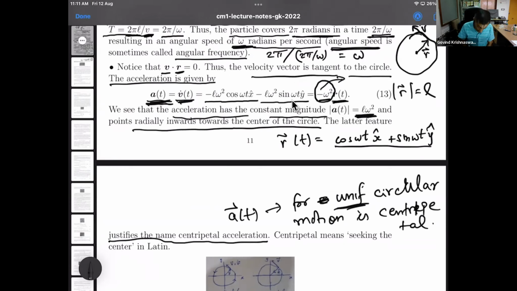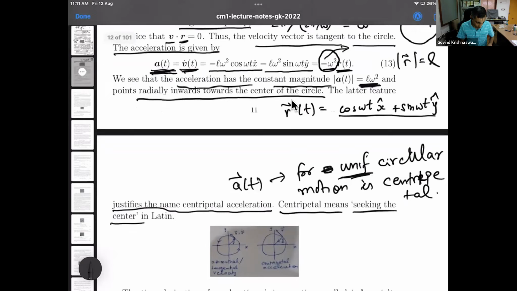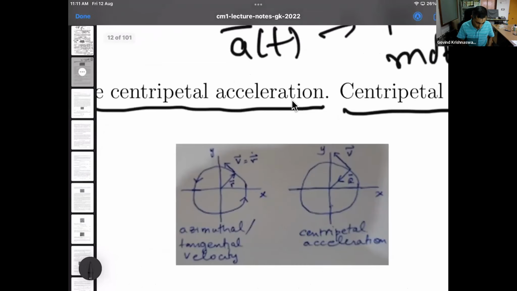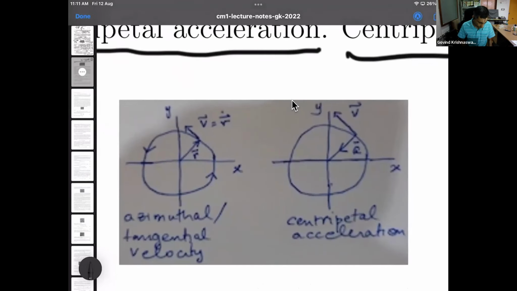As I mentioned last time, the word centripetal is Latin for seeking the center. Petal has to do with the seeking. So it is seeking the center. This picture hopefully will convey these things to you, and it gives me a chance to introduce yet another fancy word.